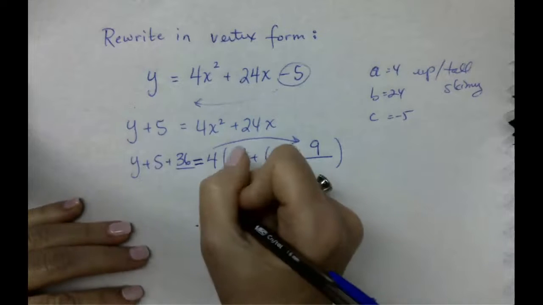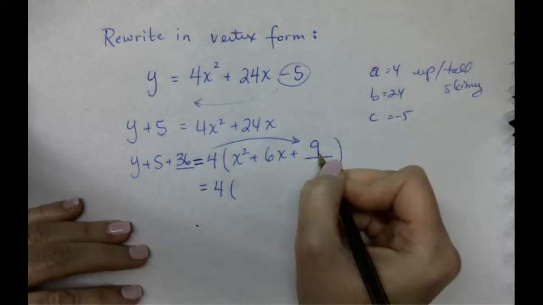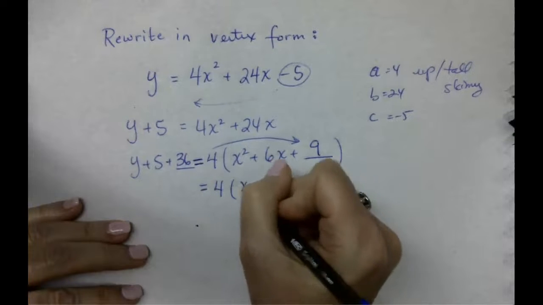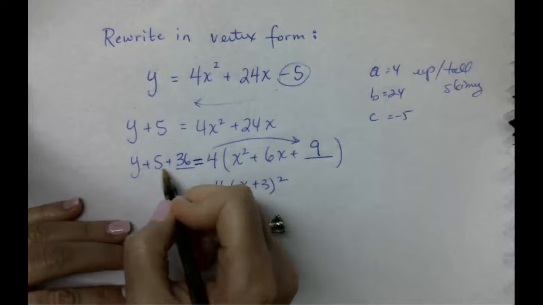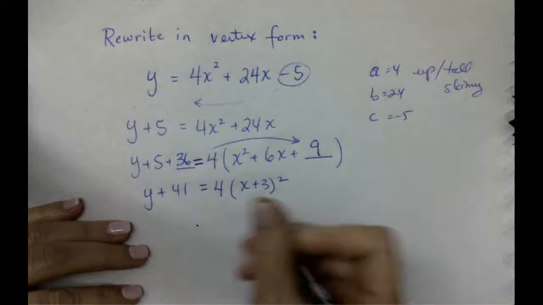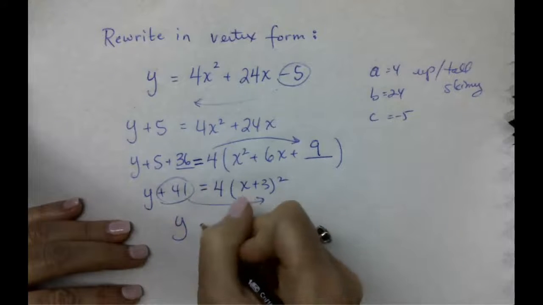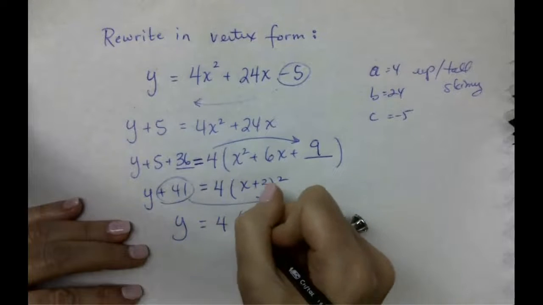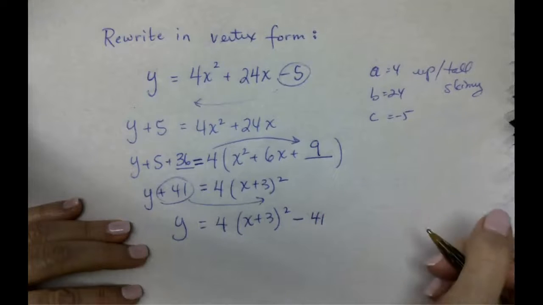So next, let's factor. When we factor, we get 4 times factors of 9 that add up to 6, x plus 3 squared. And then, of course, on the left-hand side, 5 plus 36 is 41, y plus 41. And now we can drag that 41 back over. y equals 4 times x plus 3 squared minus 41.